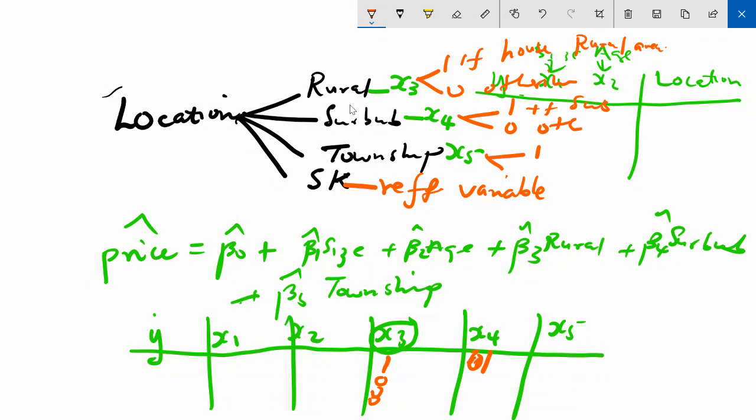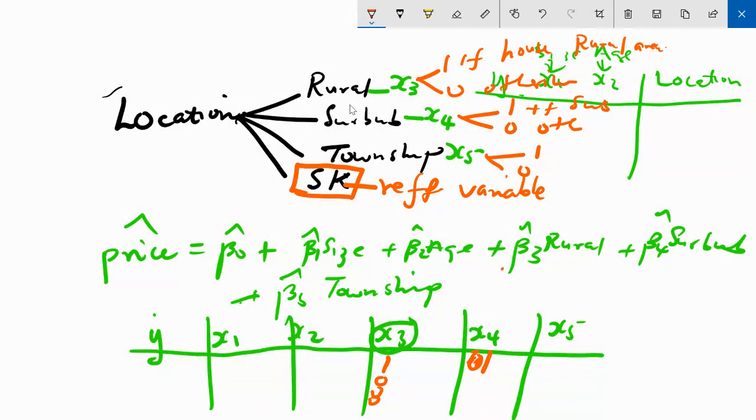Township, 1 if township, 0 otherwise. The squatter camp, we don't assign it to anything. This is the rule of the dummy variables. The last option, you choose it, you use it as a what? As a reference category. Whenever you interpret, make sure that you write it somewhere.